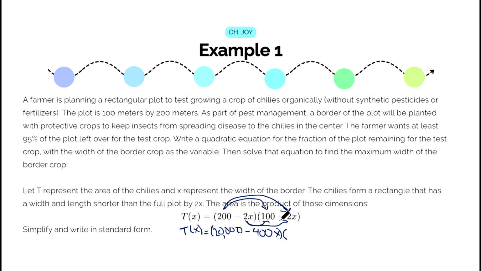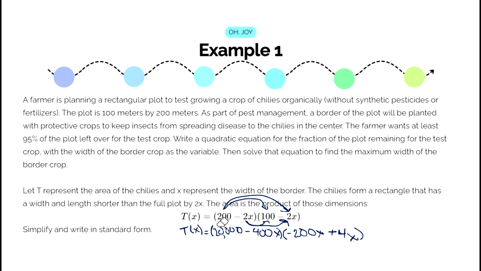Negative 2x times 100 gives us negative 200x, and then negative 2x times negative 2x is positive 4x squared. Now we've already multiplied everything, so we don't need those parentheses anymore.